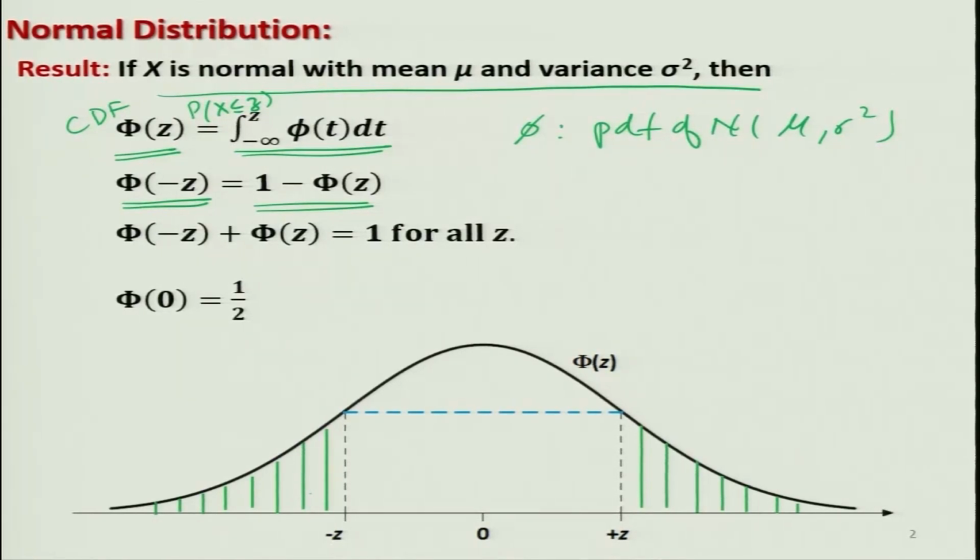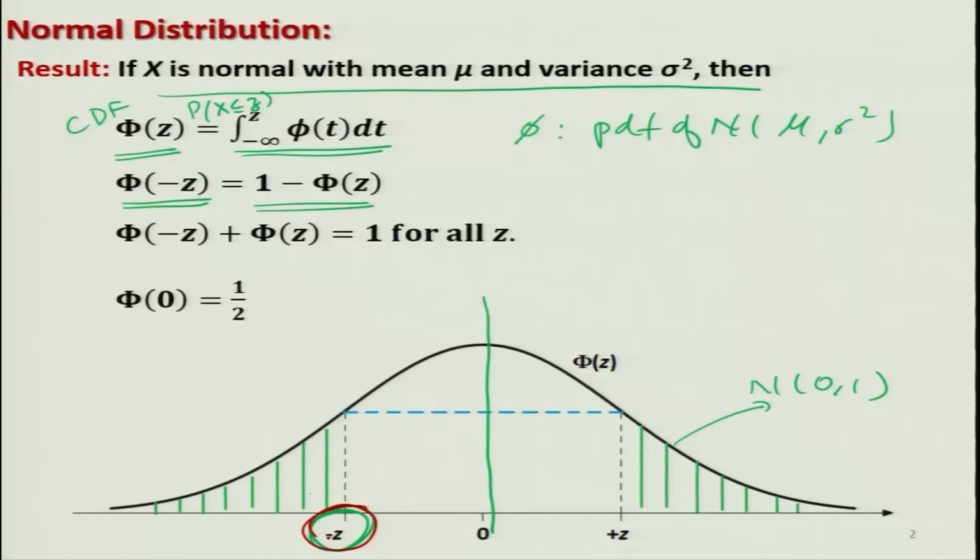Now, look at this normal distribution, normal 0 1. This is the curve of normal 0 1. Here it is somewhere 0, so minus z is going to be somewhere here. This is your minus z.